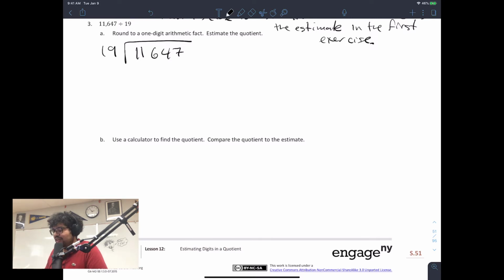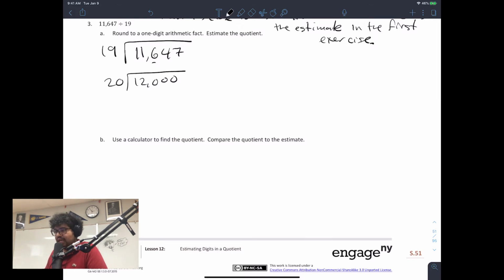Okay, so 11,647, it's probably easier if I round it up, because notice that the third digit is 11,000 and then the third digit is a 6. So then I can round up to 12,000. And 12,000 divided by, well, a 19, it's easier to round it up to a 20.